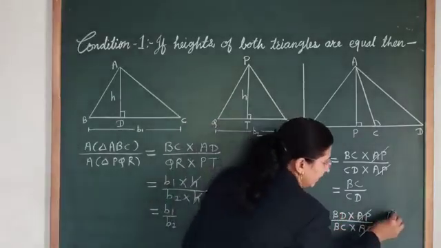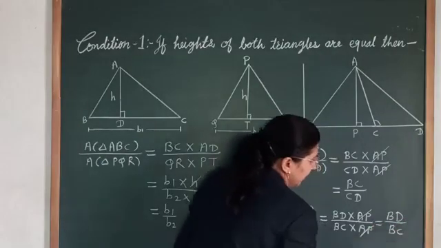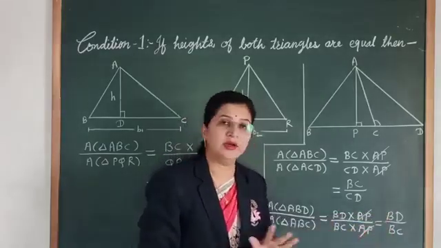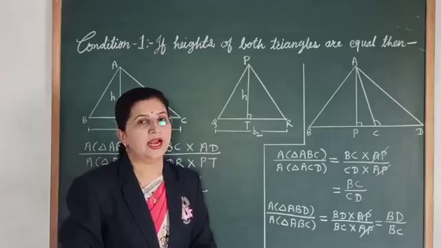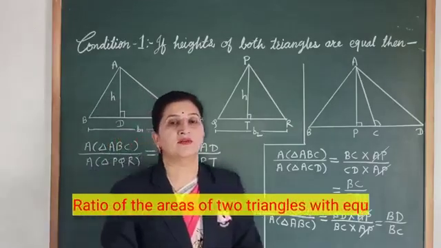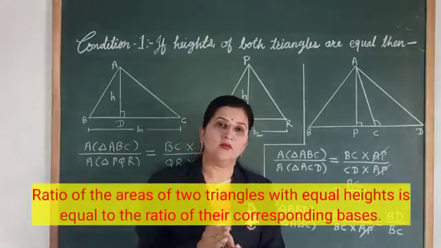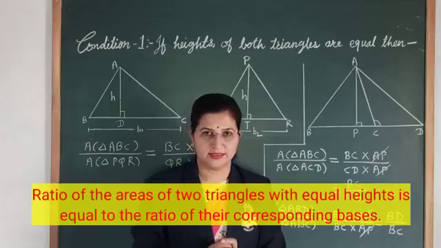So we will get the ratio of area of these two triangles is equal to the ratio of their corresponding bases, that is BD upon BC. So in this way we got the first property that the ratio of areas of two triangles with the equal height is equal to the ratio of their corresponding bases.